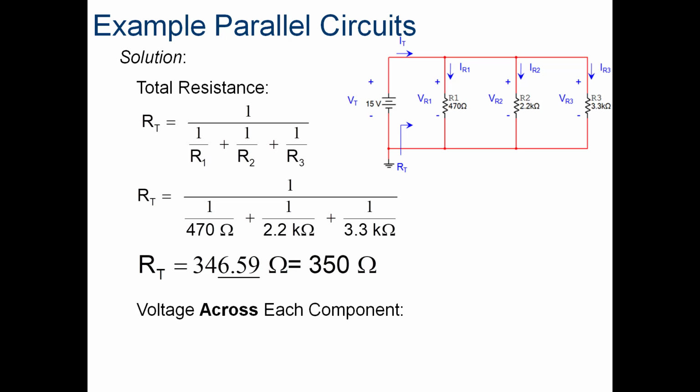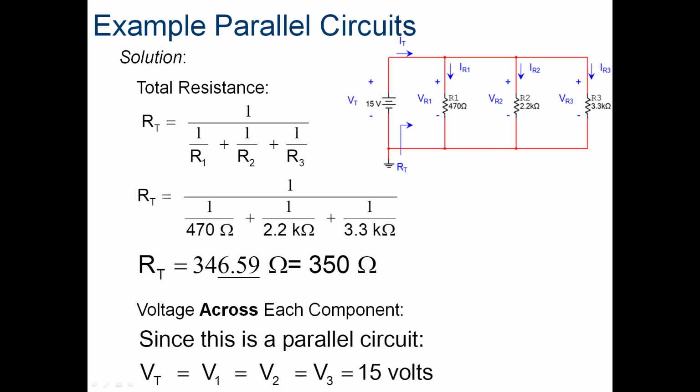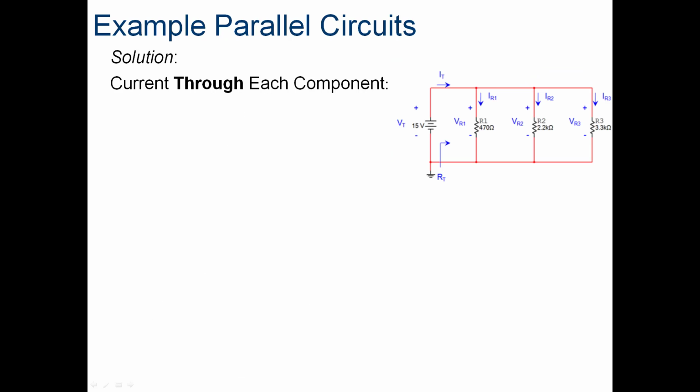Now the voltage across each component is going to be equal to 15 volts, because there's my source voltage. That voltage is applied at R1, at R2, and at R3. So what I can now do is find the current through each component.